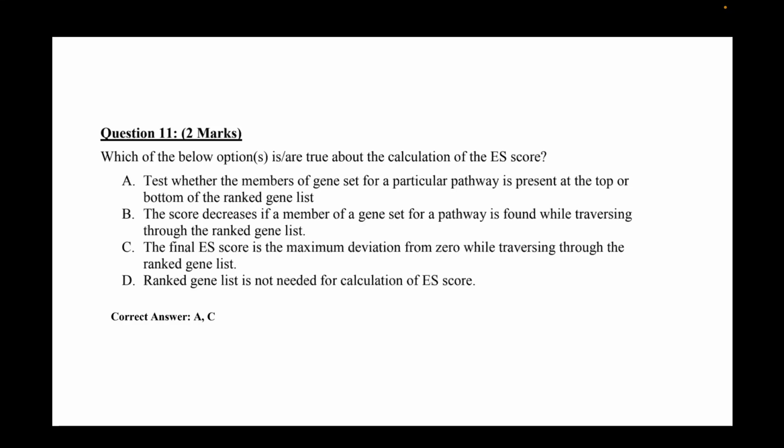You do this for all the genes, get the enrichment score values after passing every gene, plot that, and check the maximum enrichment score reached for this particular set of genes. That is your enrichment score, right?